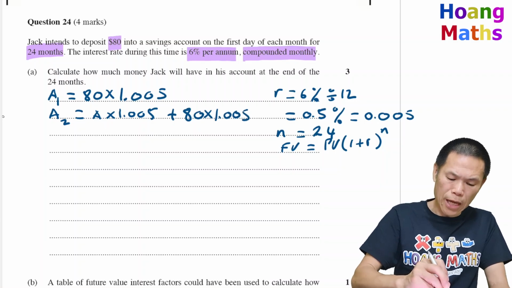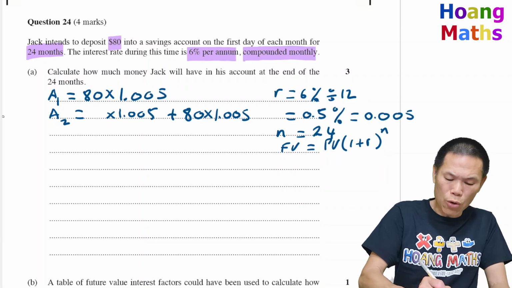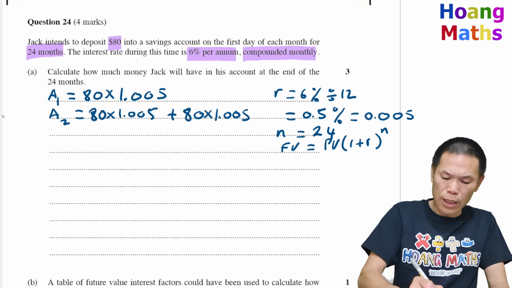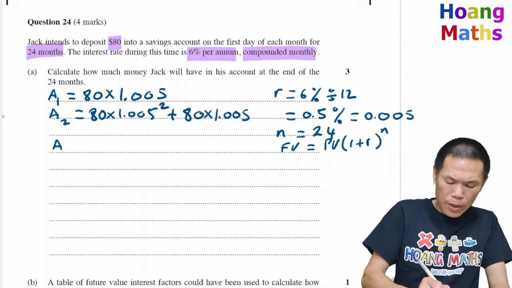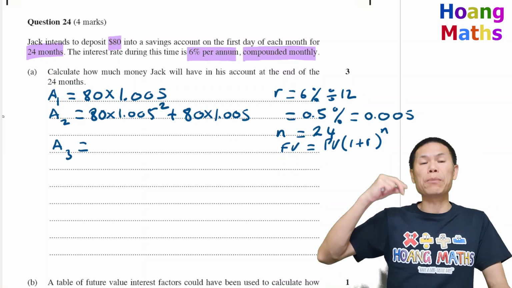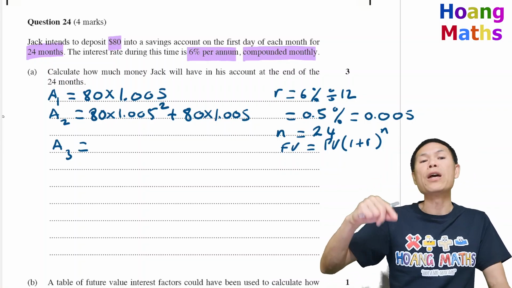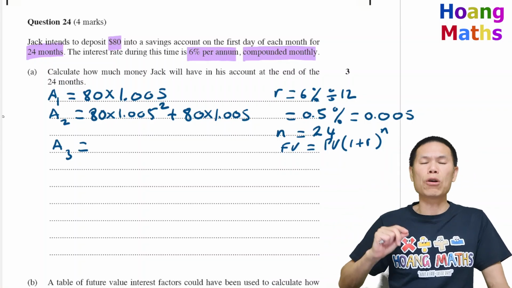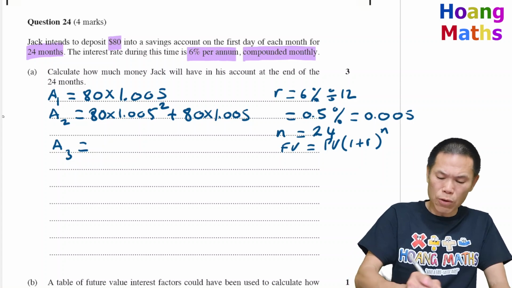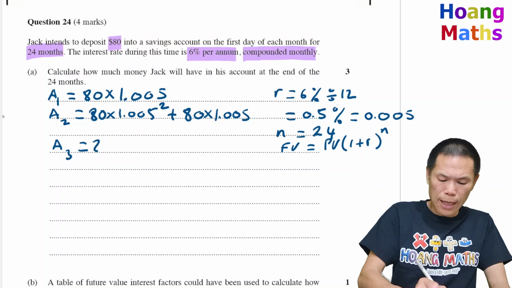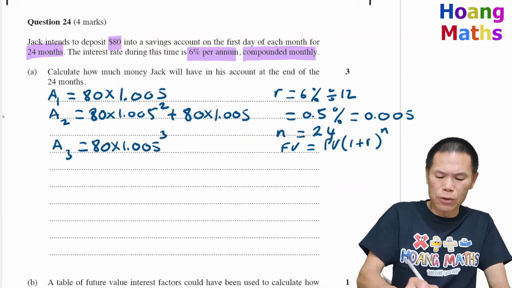So let me change A1: this is IT times 1.005 and times 1.005. So that should give me a square. So there you go. Now A3 is A2 times 1.005 plus IT times 1.005. So that means A2 times 1.005 will give me this IT times 1.005 to the power of 3.